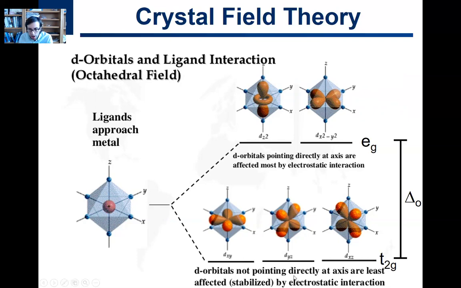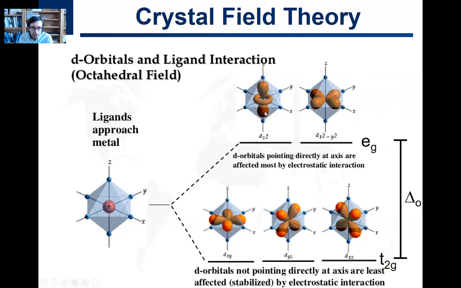Why are the T2g lower in energy and the Eg, according to the diagram I showed you, higher in energy? Here's why. We're only thinking about electrostatics here. Let's start with the Eg. This is the shape of the dz squared: a donut in the center and a p-like lobe.